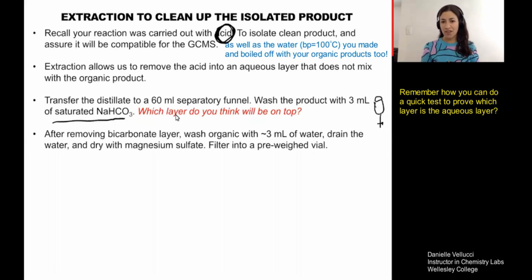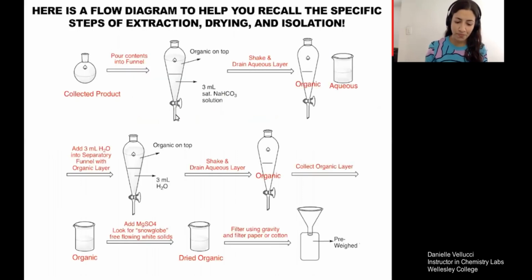And just as we did in our first extraction, you're going to sop up any residual water by using the magnesium sulfate drying agent. For your organizational purposes, as you're reading through the lab manual, here's a pictorial representation of how the separation is going to work this week. I'm not going to walk you through every step since you've had experience here.